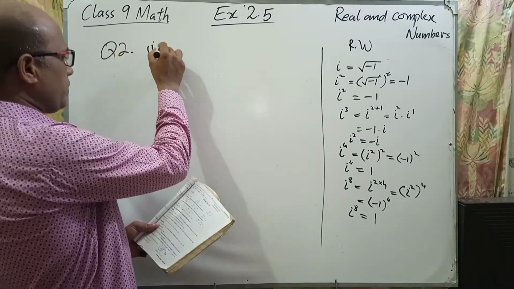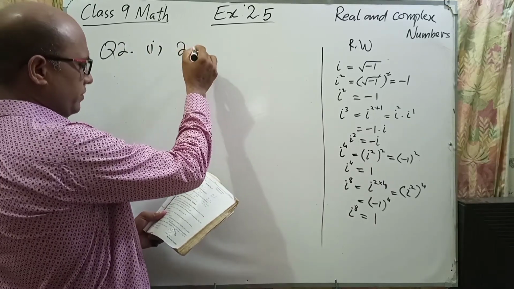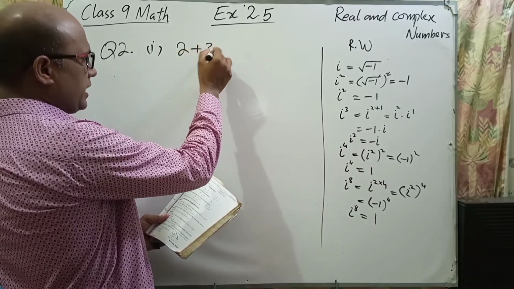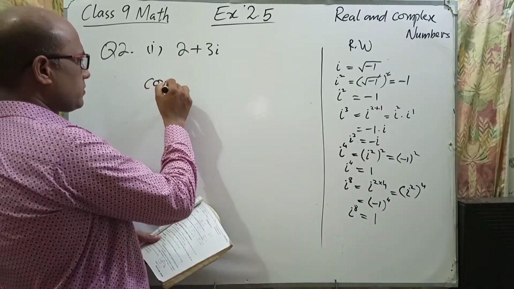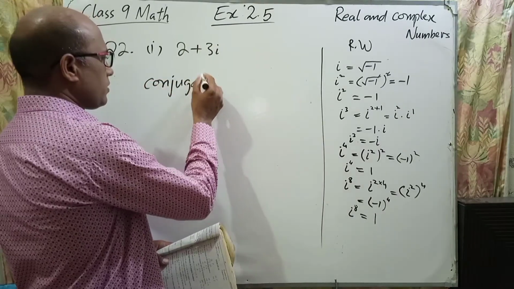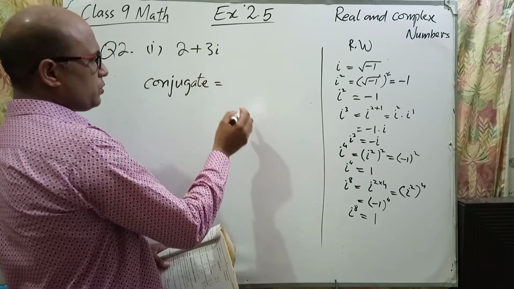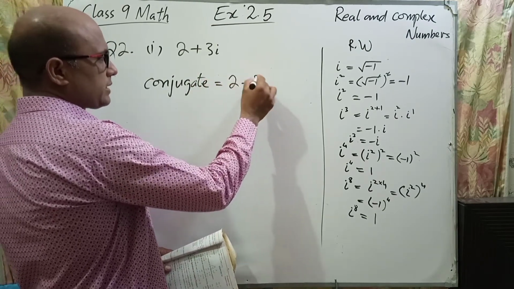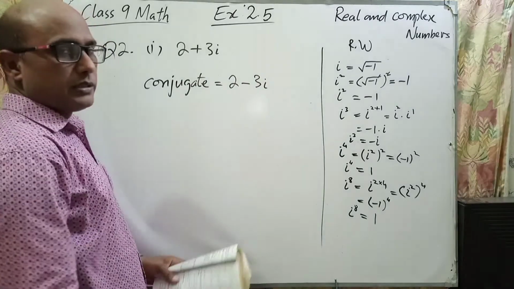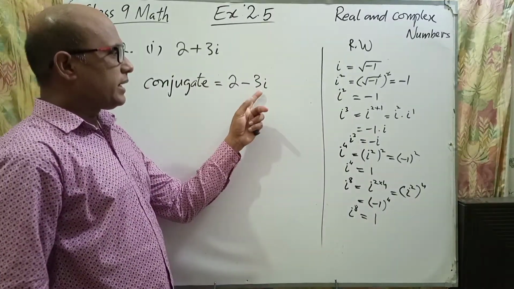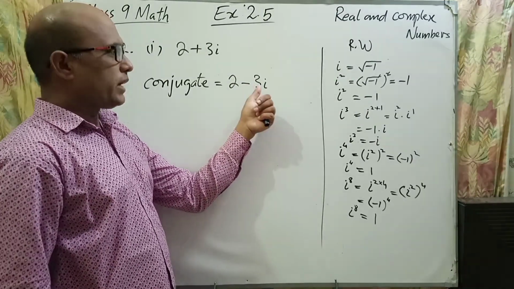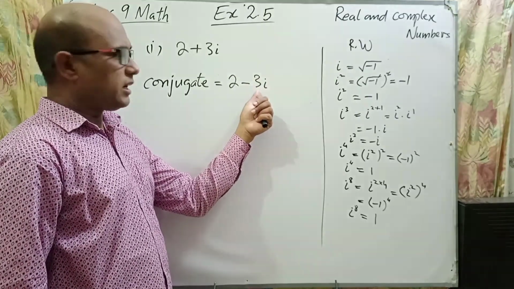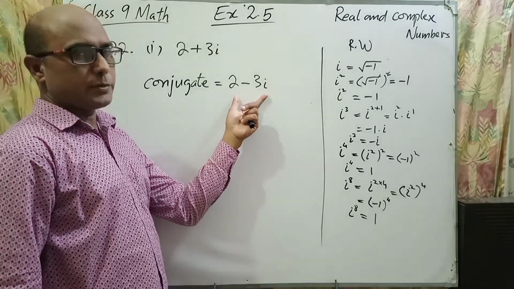Question number 2, part 1. We have 2 plus 3 iota. It is very simple. Its conjugate is equal to 2 minus 3 iota. Students, we will only change the sign of iota or the imaginary term in the algebraic expression.